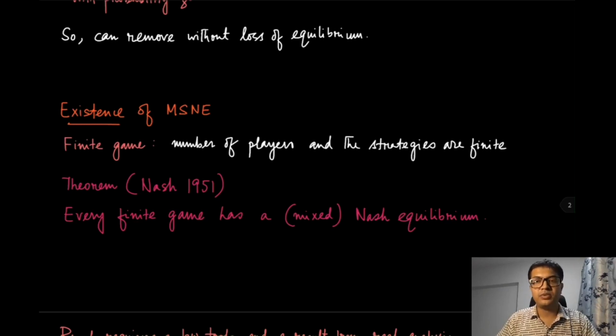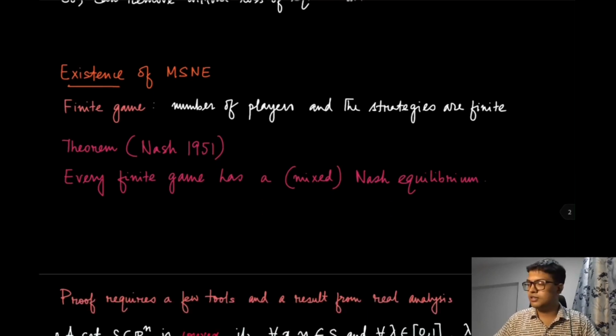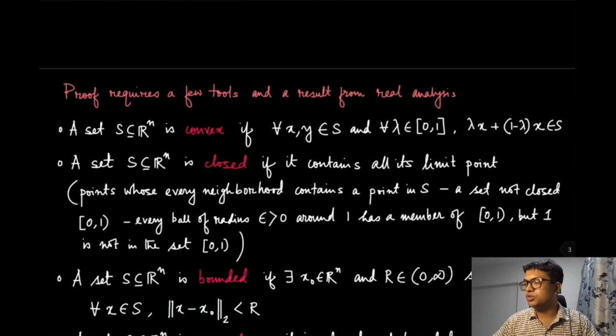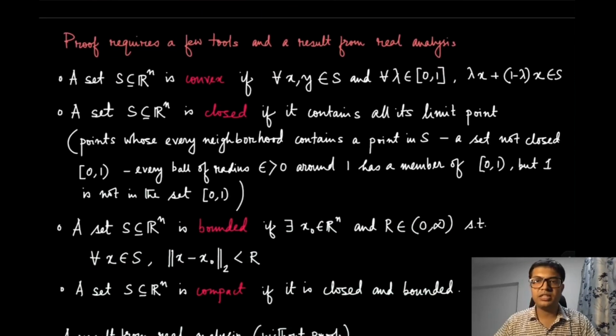At least we can do it for 2 players and show it very easily. But I'll not spend time going over the proof in the module itself. Rather, I'll post a note where you can read about each of these steps. But to read that note, certain mathematical tools and some results from real analysis will be needed. That is what I'm going to explain in the rest of the time.